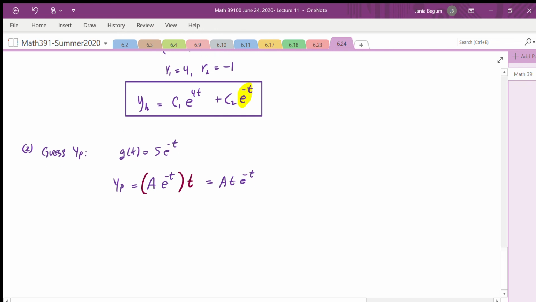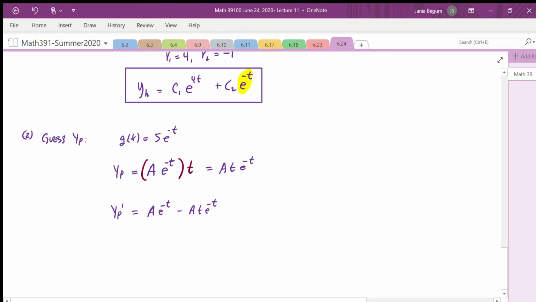That's the next step. So we found yp, now let's find yp prime. That's going to be done by product rule because t is a function. So we have a e to the negative t minus at e to the negative t. Now we compute its second derivative. So we have negative a e to the negative t, and then for the second one we use product rule again.